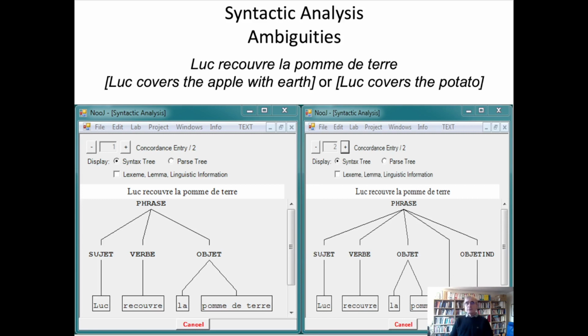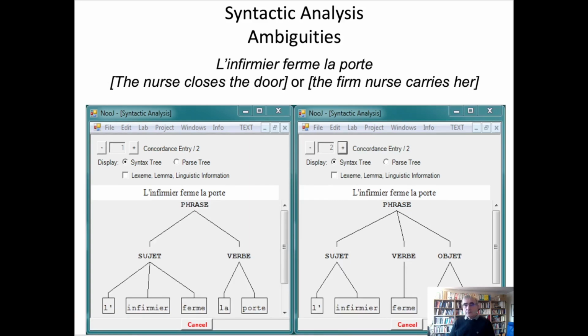More simple syntactic ambiguities. For example, here, "l'infirmier ferme la porte", which can mean either the nurse closes the door, or "l'infirmier ferme", the firm nurse, "la porte", carries her. This is not a problem.